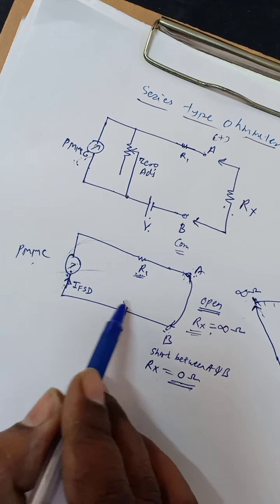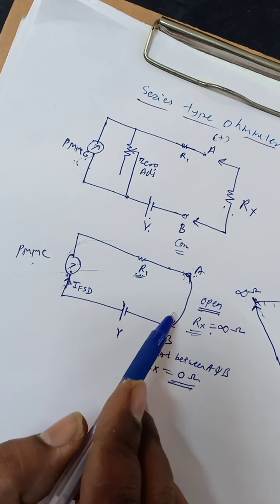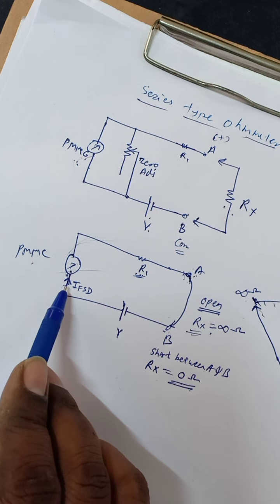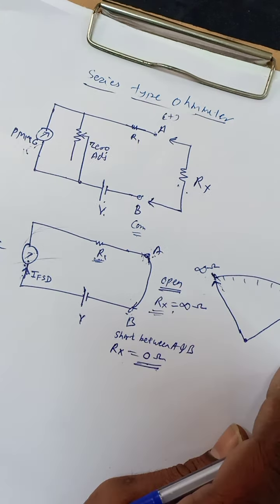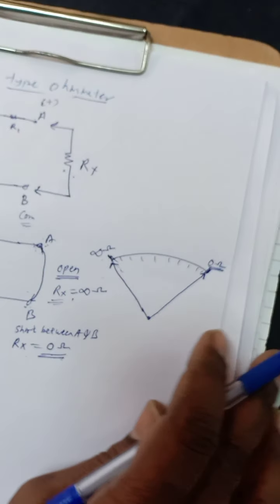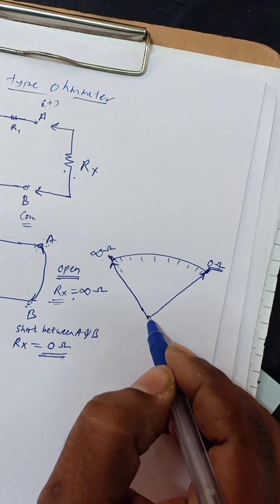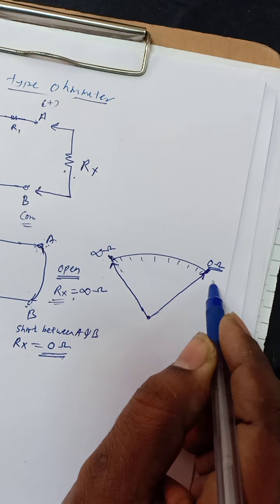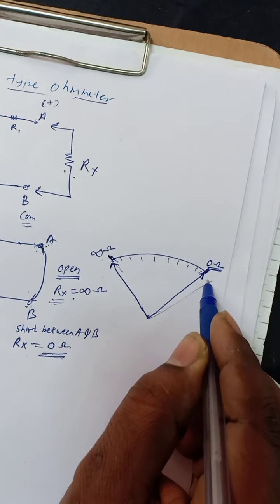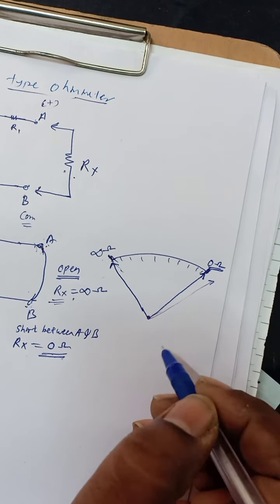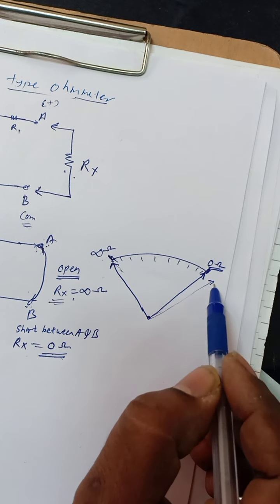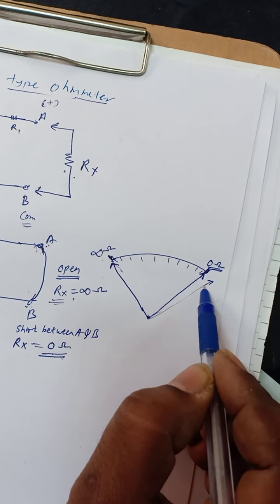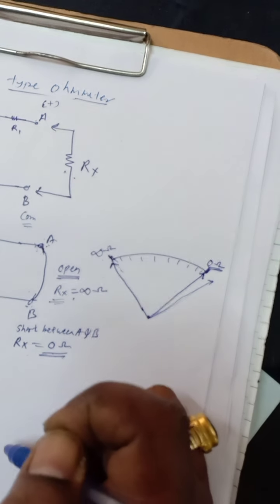If we connect a new battery source and short A and B, the current flowing through this PMMC may exceed the IFSD. If the current exceeds IFSD, then obviously the needle goes out of scale beyond this edge, and it can damage the meter.